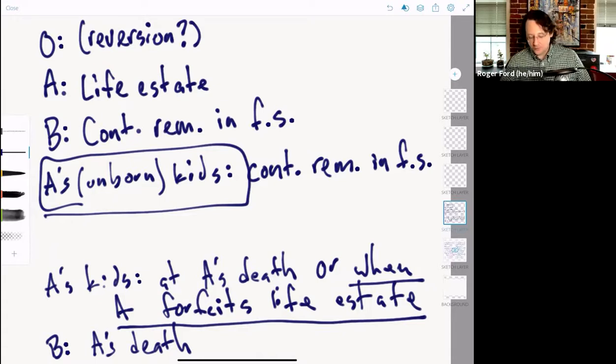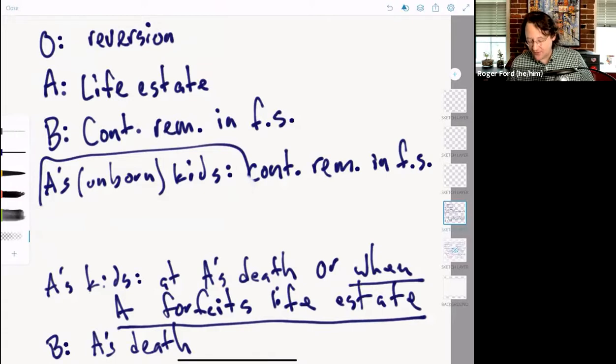So then, okay, so we do have a reversion here. It's kind of a weird reversion, right? It's sort of a weird corner case type of reversion. But it exists. What happens when A has a couple kids? So that's the next part of our question here.